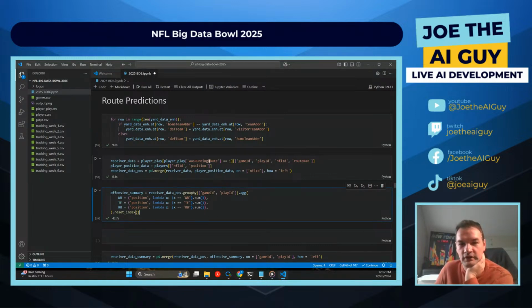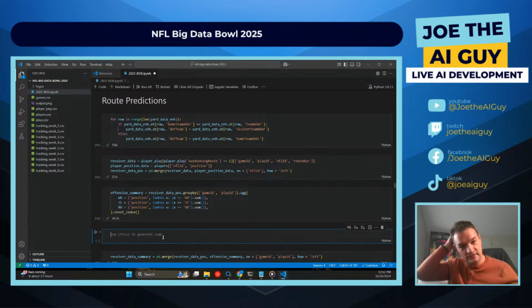Then what we can do, it'll be a little bit slow in terms of running through it, but we'll just have to go off of the base player play data set. What we'll do is defender player play.